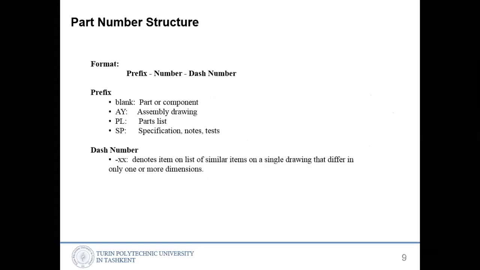So, the part number structure: how the parts are numbered, the format. There is the prefix, which is for a bigger element, for example the bigger assembly, and then a number.